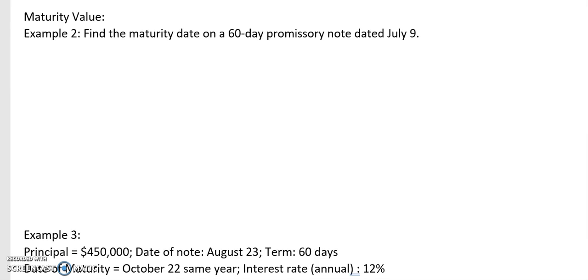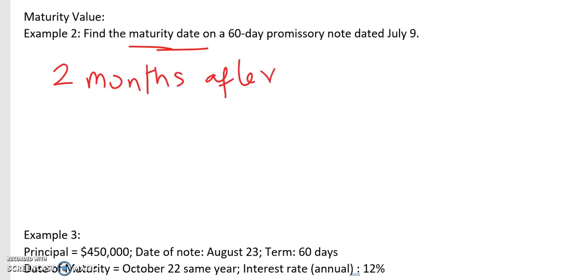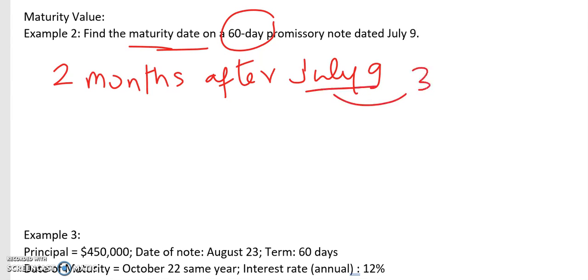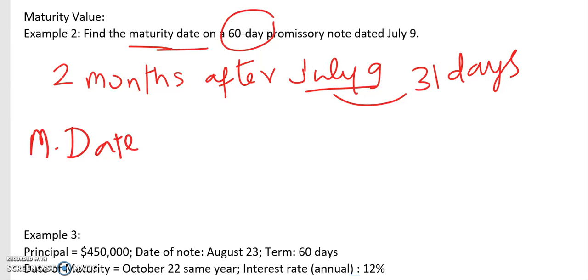The maturity date will be 2 months after July 9th, that is 60 days, 2 months. July has 31 days. So the maturity date is actually September 8th.